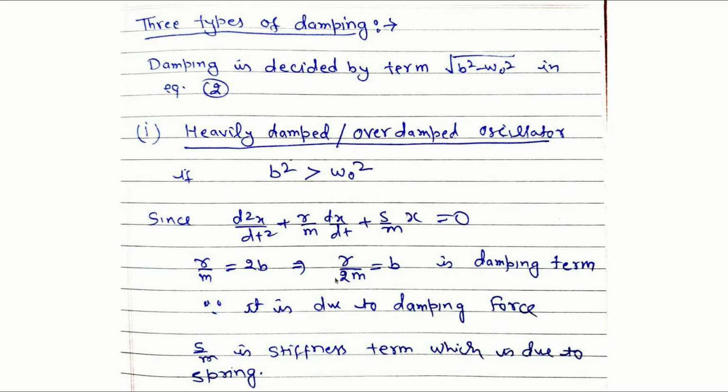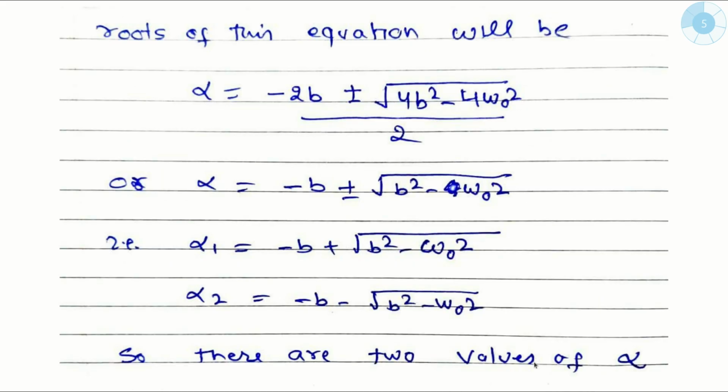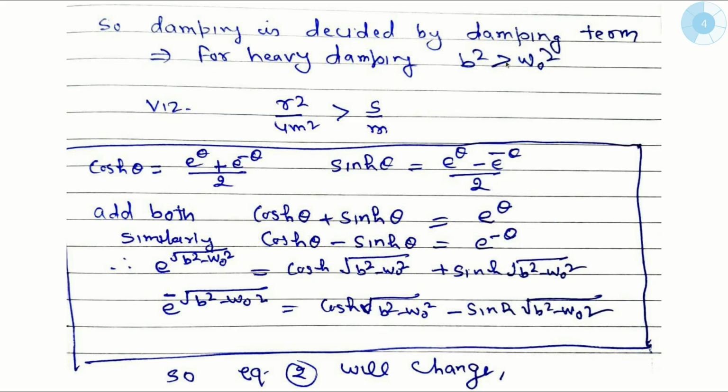In that case, the oscillator will be called the heavily damped oscillator, meaning oscillations will die out too fast, in a very less time. Damping will occur heavily. So it is due to the damping force. S by M is the stiffness term, which is due to the spring. So damping is decided by the term B square greater than omega naught square.